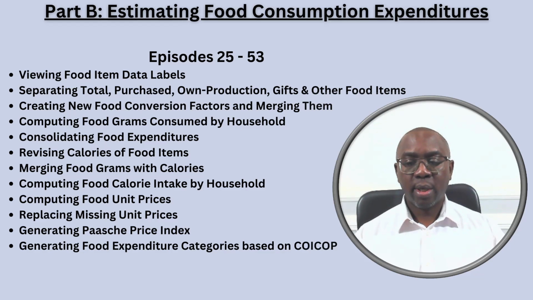That is also important because you also have to measure what is the calorie intake of that household. Then go through the process of how you match the food grams and the calories, and then also compute the food calorie intake of that household.